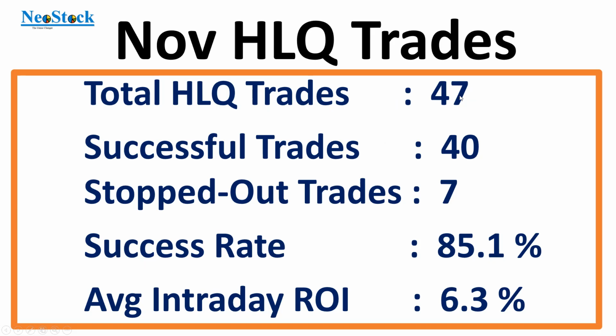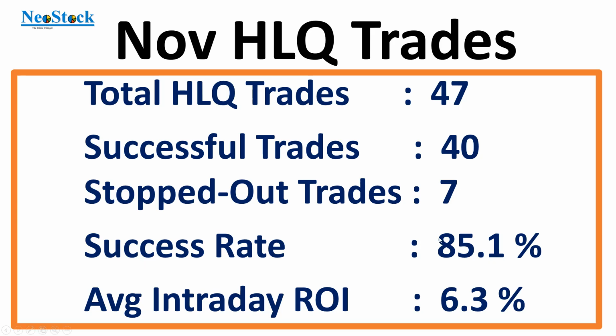Out of these 47 stocks, 40 trades are successful and 7 are stopped out. Because always we are claiming our HLQ zone will be having 80% success rate. That is what we've been observing for the last 1 year. Apart from that, our HLQ zone average intraday ROI is giving you 6% as per one futures margin cost.